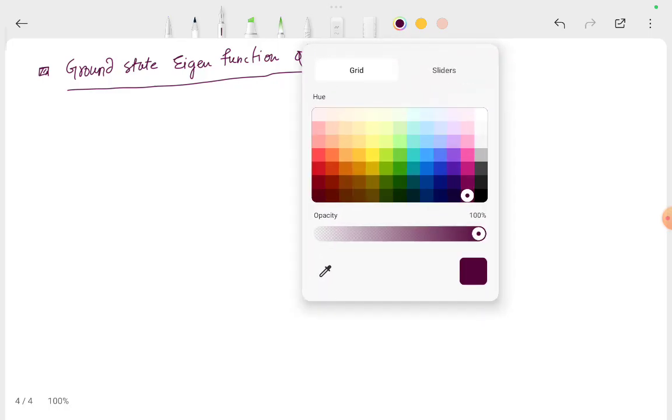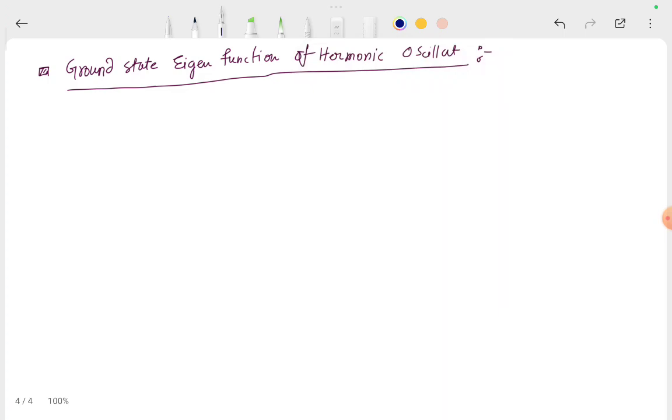Ground state eigenfunction of harmonic oscillator. It's very, very important for your exam.